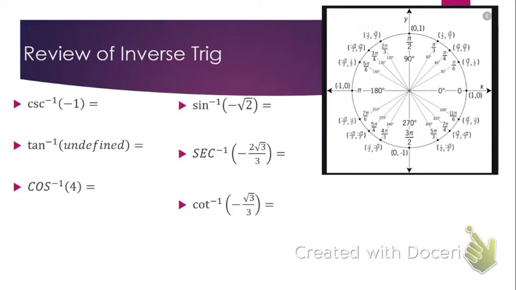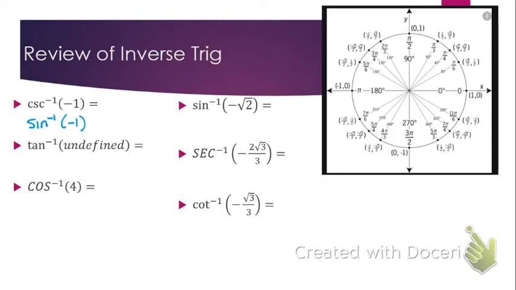These are all inverses, so you have to know what quadrant we're looking in for each one. So take a minute, copy it down, and then we'll go through them together. Okay, so cosecant of -1. In order for cosecant to be -1, that means that the sine is also -1, because the reciprocal of -1 is -1.